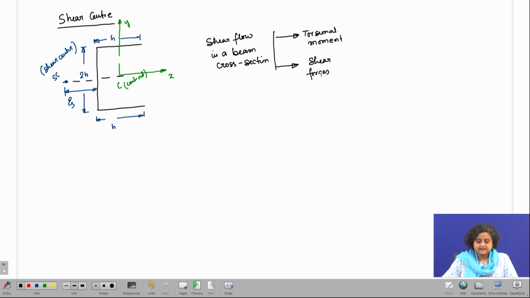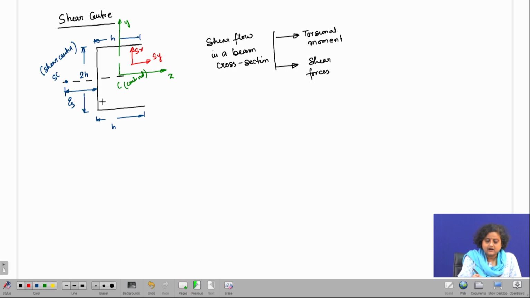So, if we apply a shear force somewhere on the cross sectional plane, Sx and Sy, then these shear forces will also produce a torsional moment about a given point on the cross section.